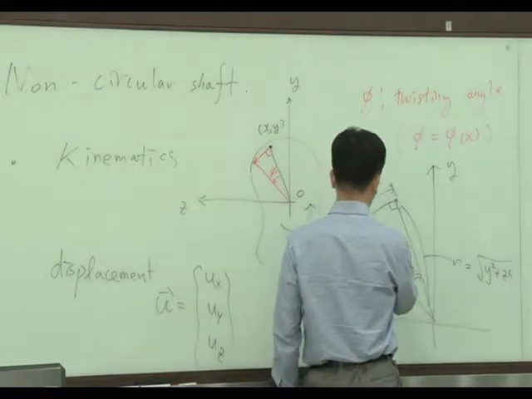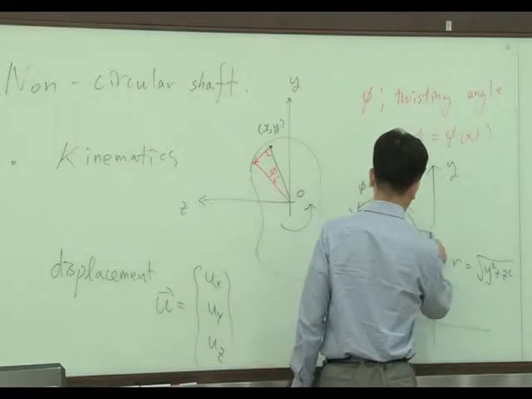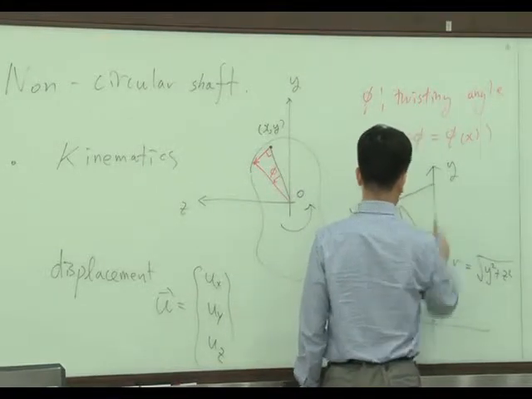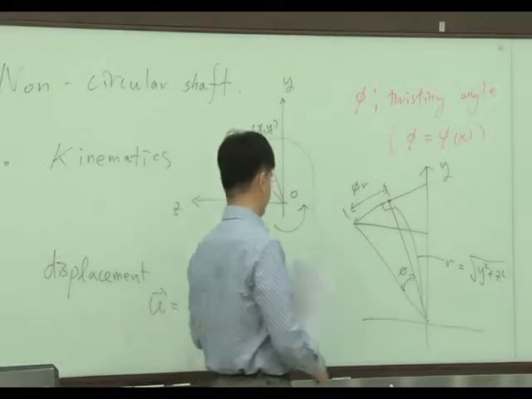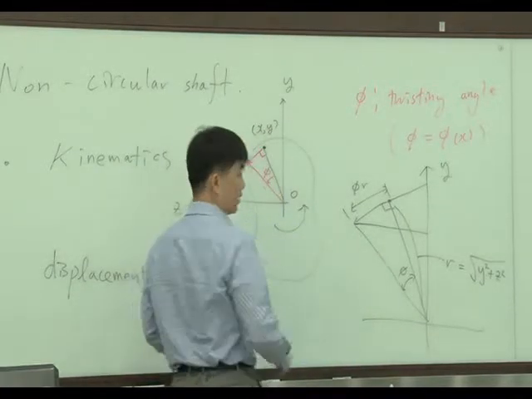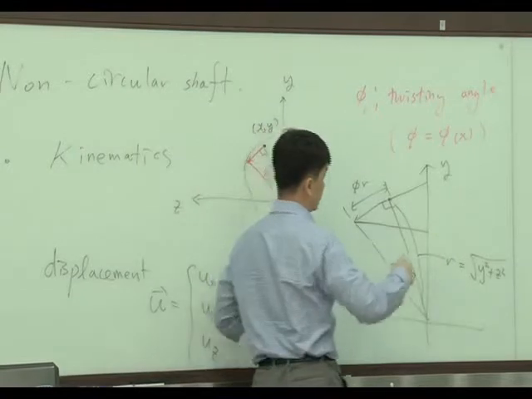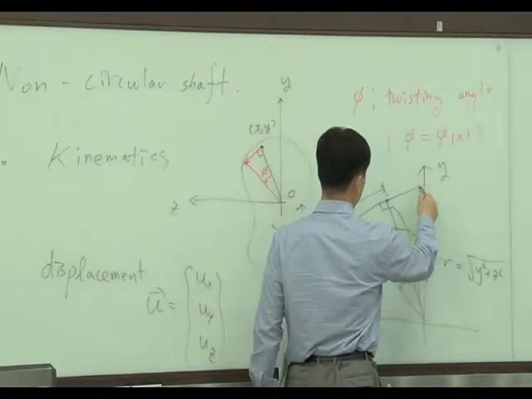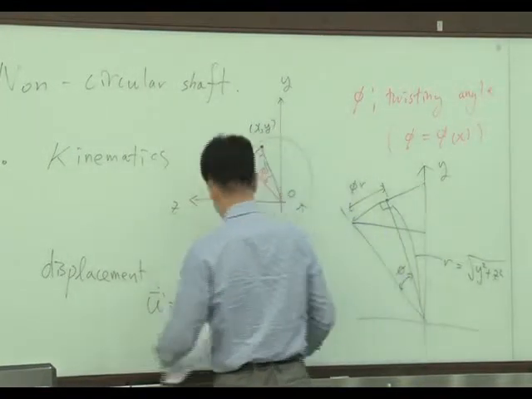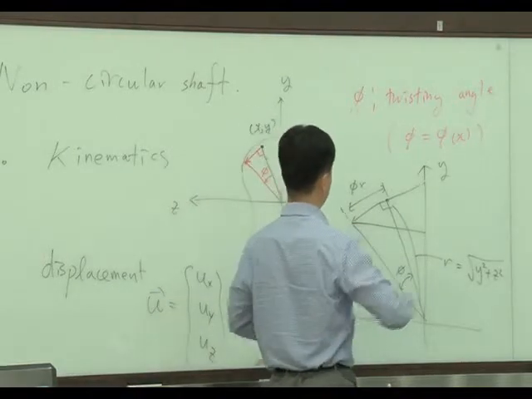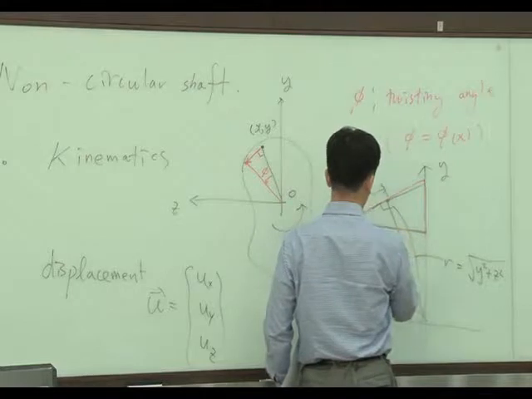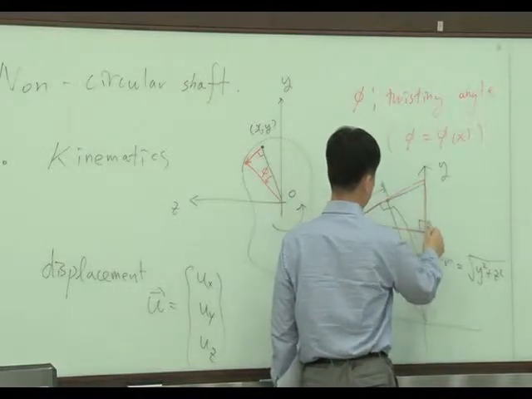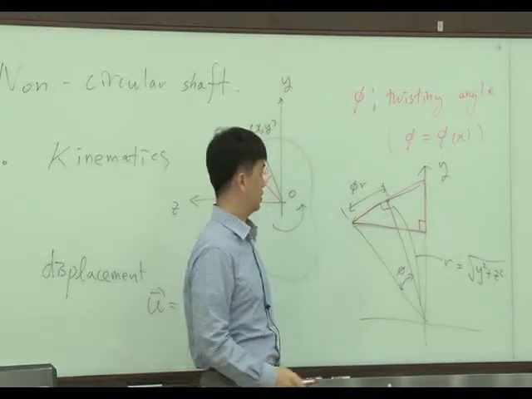And let's draw a triangle. Here, let's consider two triangles. The first triangle is this one, and it has a right angle here.